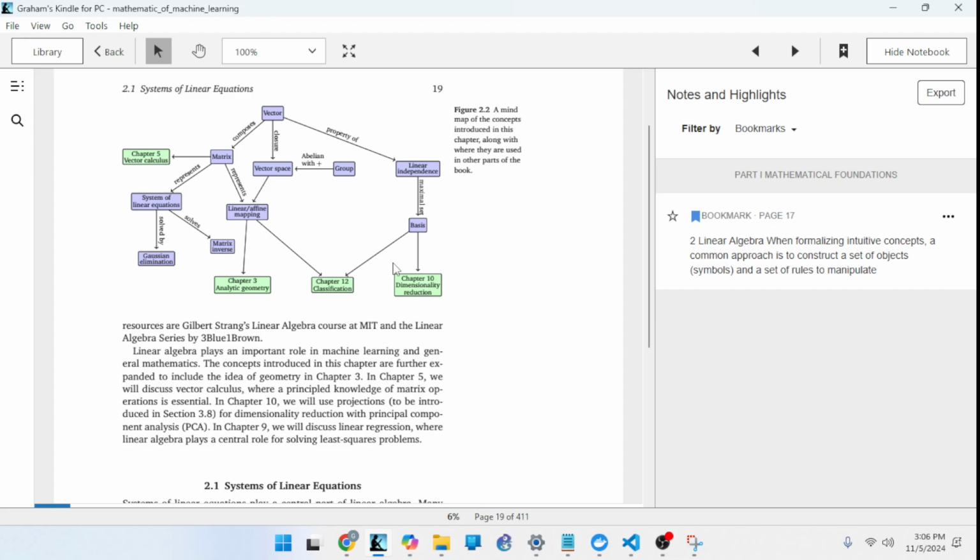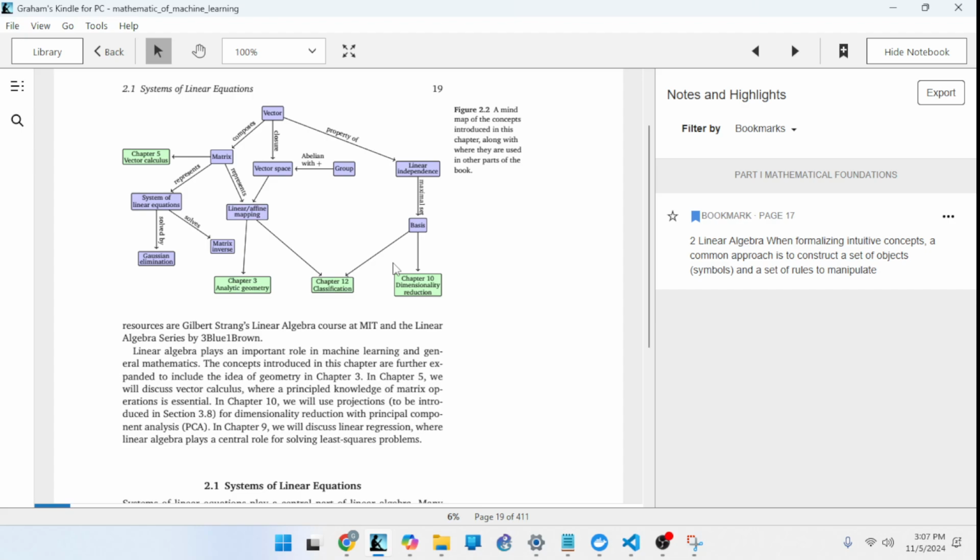In chapter 10, we will use projections, to be introduced in section 3.8, for dimensionality reduction with principal component analysis, PCA. In chapter 9, we will discuss linear regression, where linear algebra plays a central role for solving least squares problems.